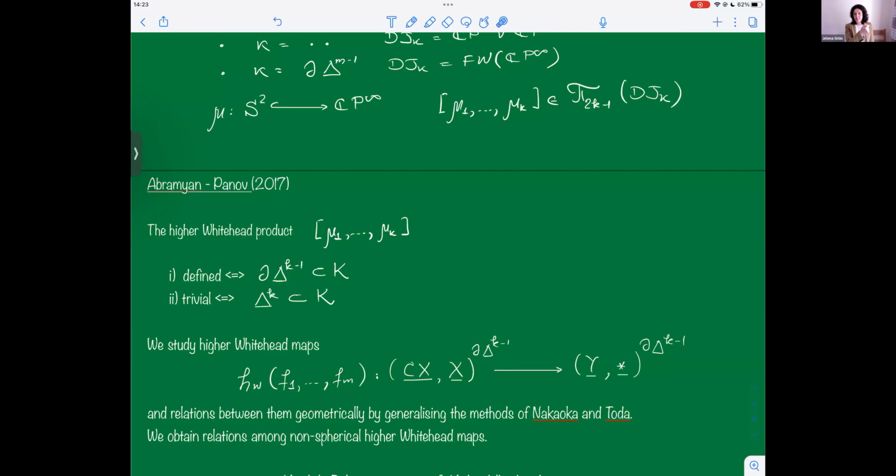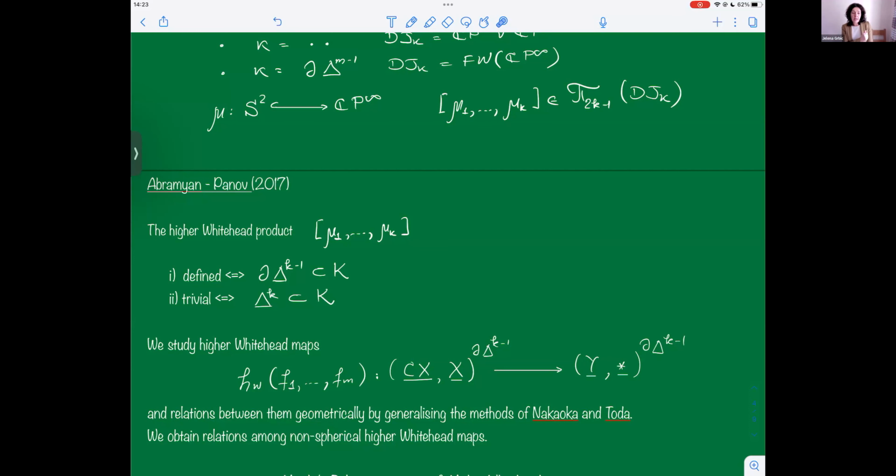Being a secondary operation, the Whitehead product is a set of homotopy classes that satisfy set properties, and for it to be trivial means that one of these maps inside the set is null homotopic. So not all of them obviously are null homotopic, but just one of them is.